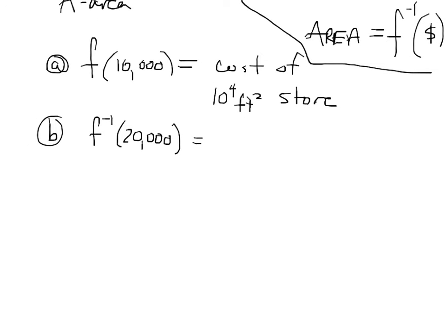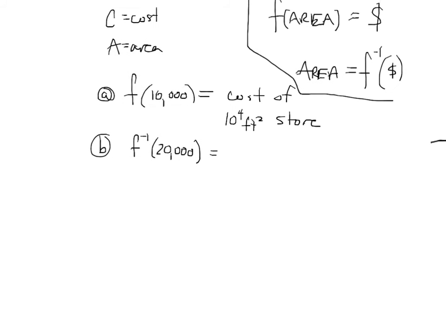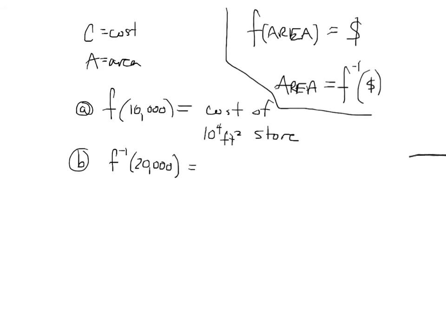Anyway, mechanically, though, if we just tell ourselves what the domain and the range are of the inverse function, we know that this number has to be a cost, and this number has to be an area. Right?